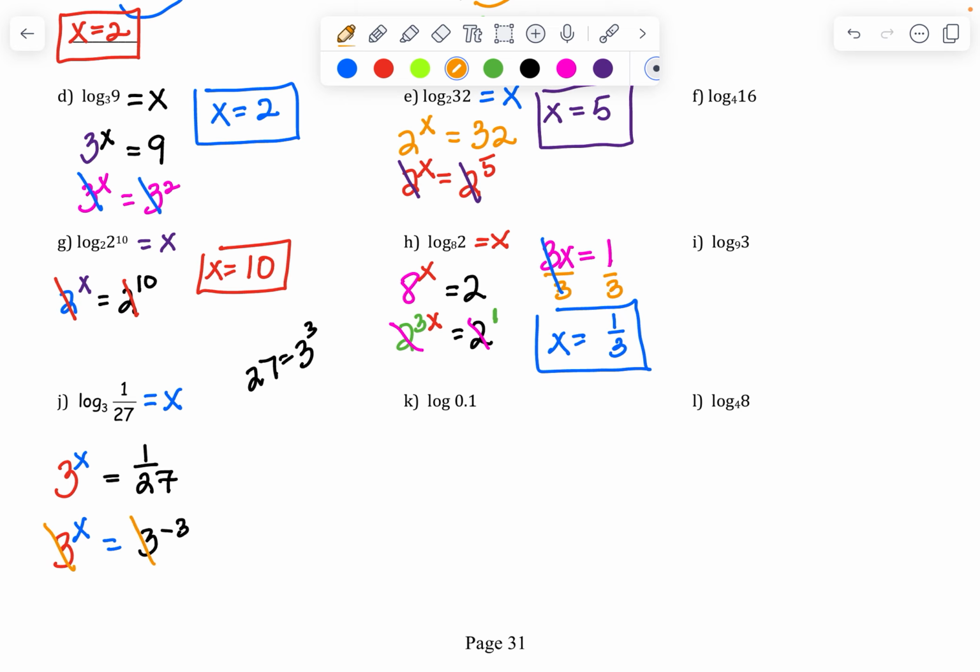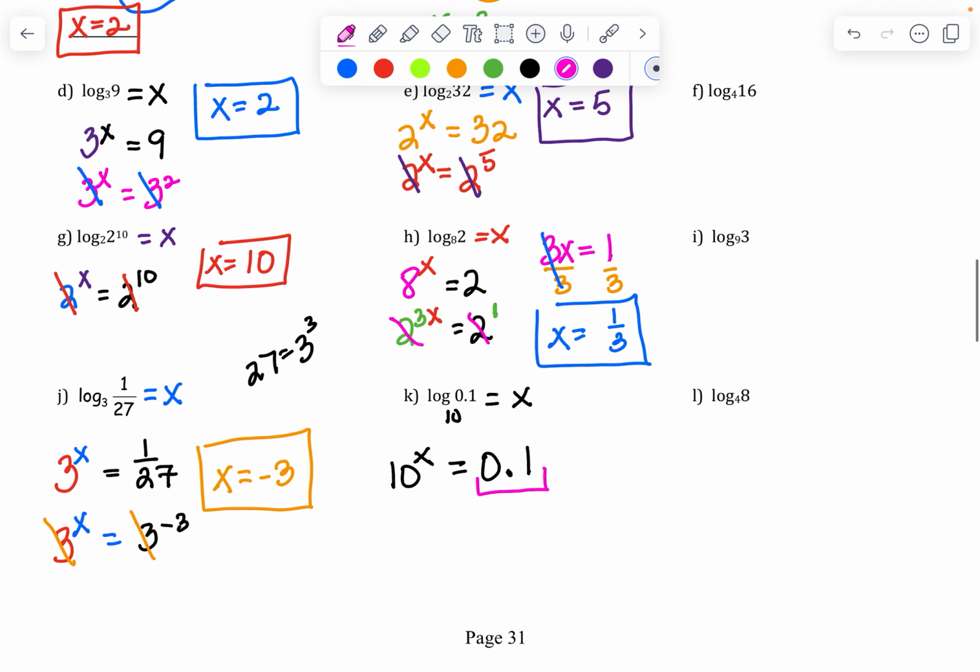And let's jump to part of page 3. Now, one thing I want to point out is this is how we've been learning to rewrite it from this to this. Okay, so we can go back and forth when we're rewriting things. But when we're graphing, the cool thing is if you have this b to the x power equals y, but then you need to write it as a log, all you have to do is switch your x and y.